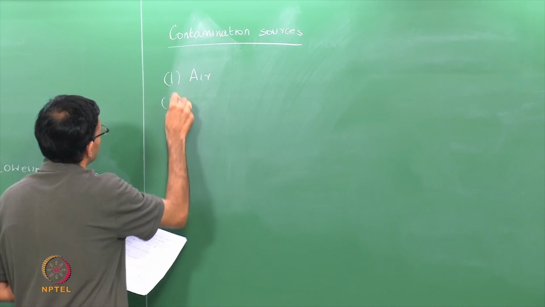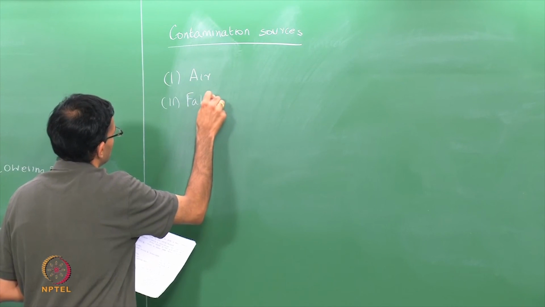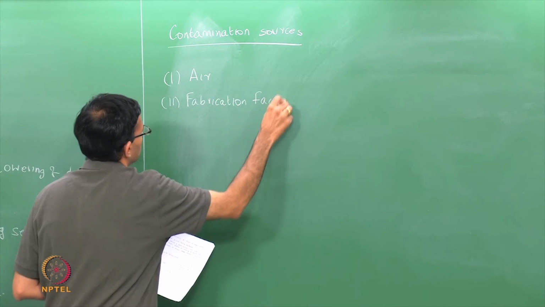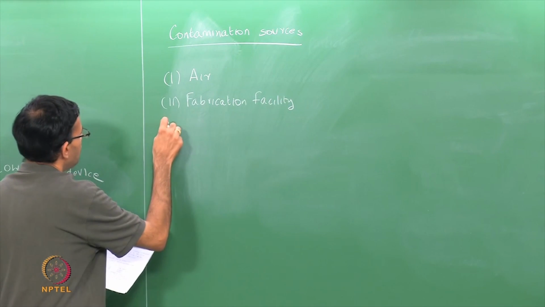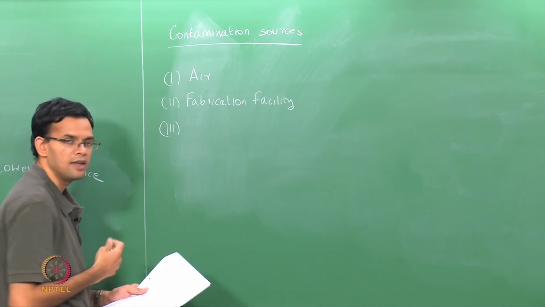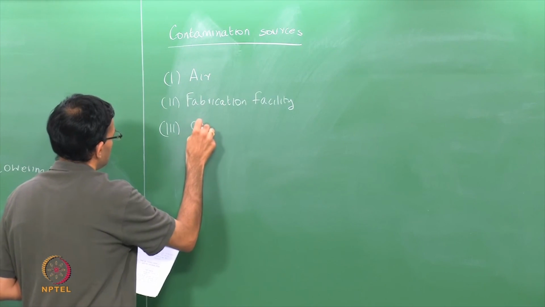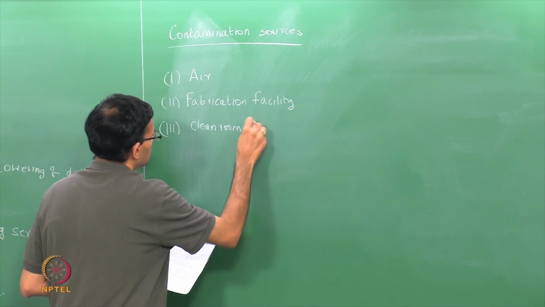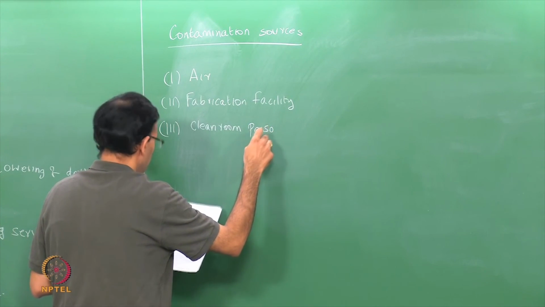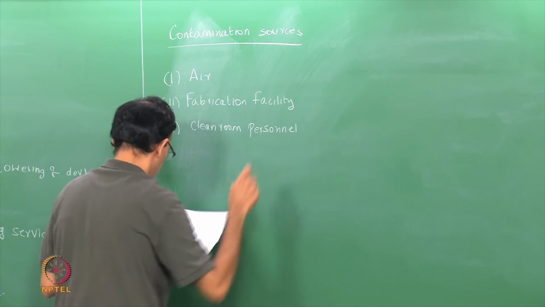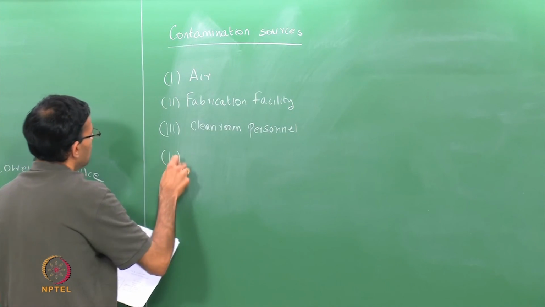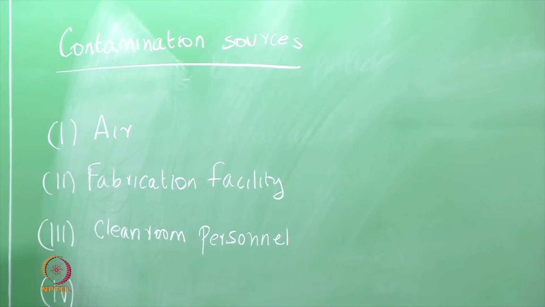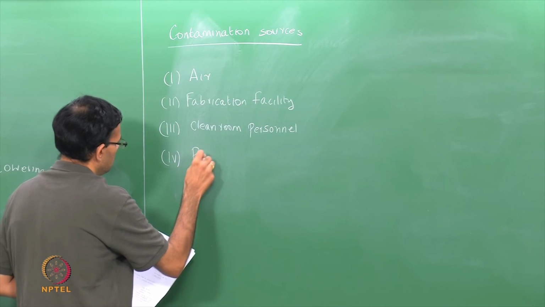The fabrication facility itself can be a source of contamination. The clean room personnel, so people who work in the clean room would be a source of contamination. The process chemicals and the process gas, even the process water that is used is a source of contamination.